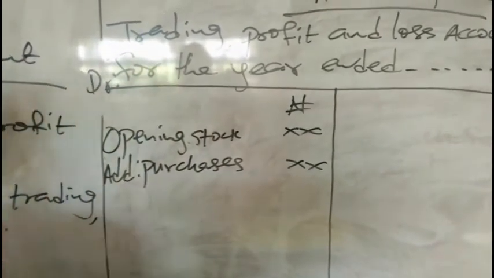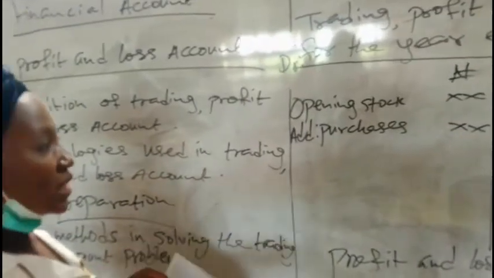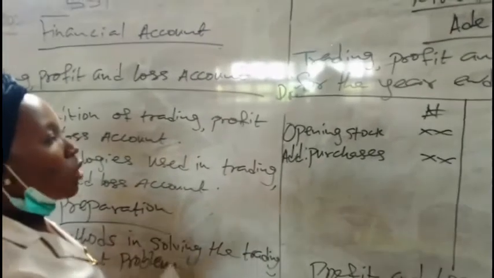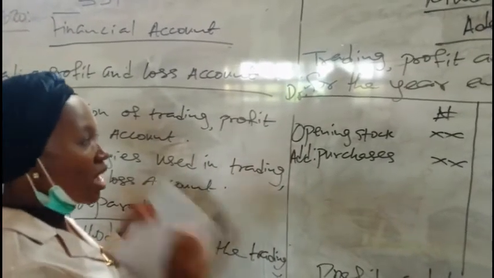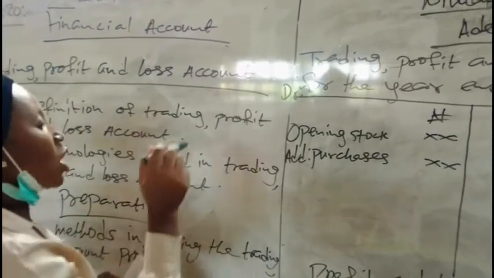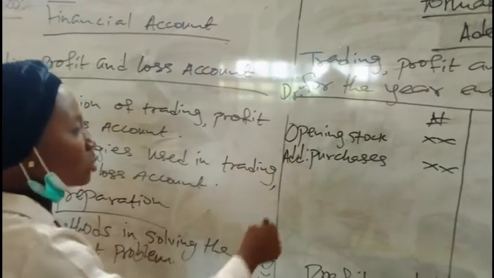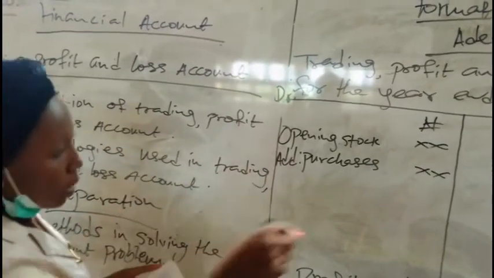After adding the purchases, there are some questions that will ask you to provide a carriage inward. But some questions will not ask for the carriage inward. And there are some questions that also want you to bring out the return outward. Once the return outward is not given in the question, there is no need for you to indicate it. All you need to do is indicate whatever particular is given to you in the question.